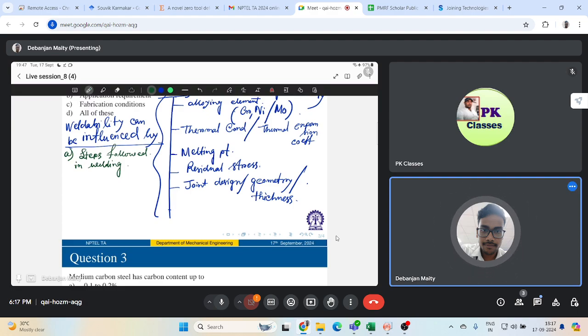Then what is the purpose? What is my purpose to join those metals? That also will affect my weldability. And fabrication condition. So these are a few factors. Let's say you are welding some metal like aluminum.